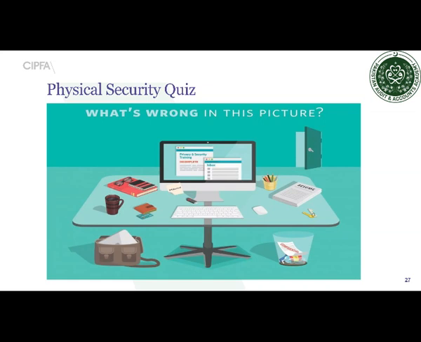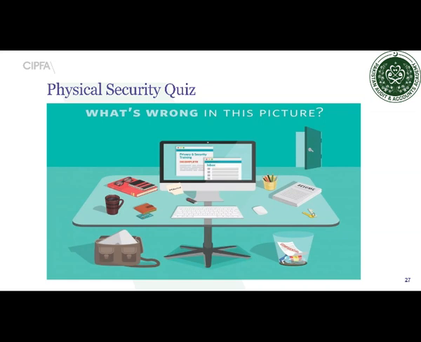Password on a sticky note. Okay. So the book we don't know. Could be a book that he's reading. It's something related to, but there's a notebook on top of it.